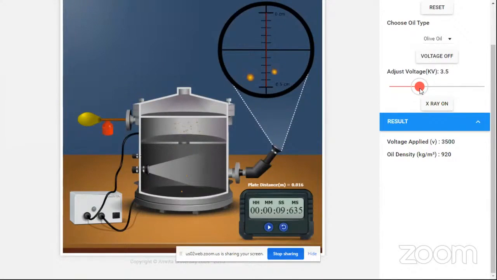We record this value, voltage and X-ray on.